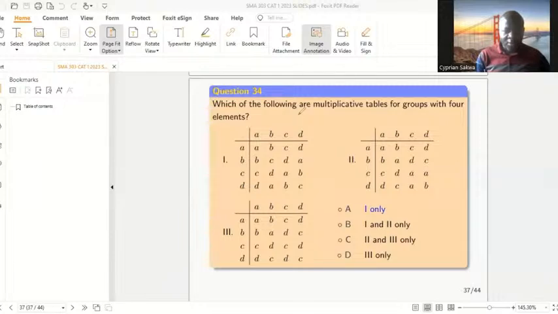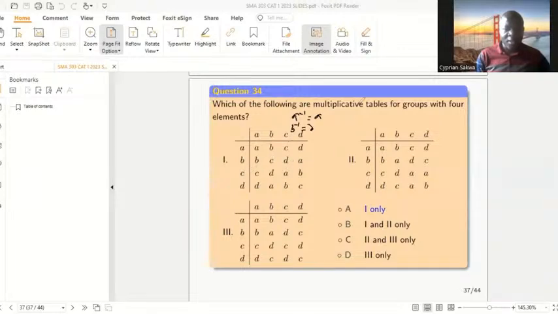I can see the inverse of A. The inverse of A is A, because if I multiply A times A, I get the identity, which is A. If I multiply B times D, I get the identity, which is A. So the inverse of B is D. What do I multiply C by to get the identity?